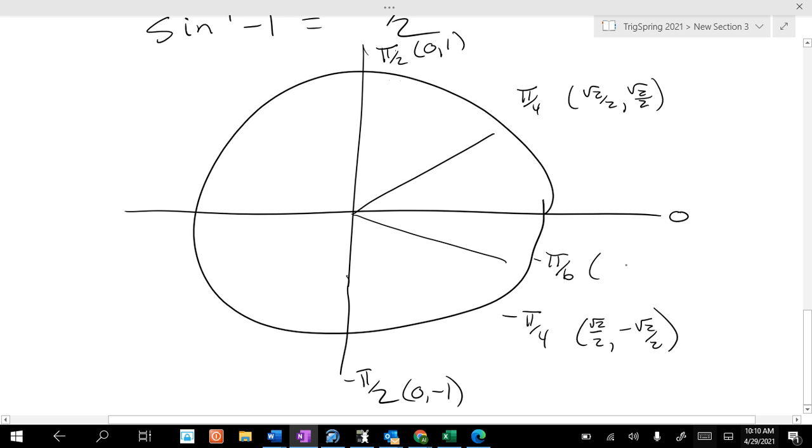The numbers that it is associated with, square root 3 over 2, -1/2, do not change. It's just these numbers are different. Now, mind equals blown for some of you. I get that. Okay, so now we're going to go to cosine. And cosine's different.